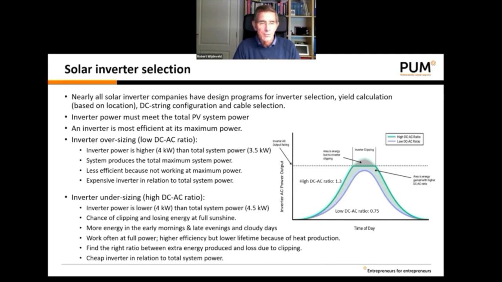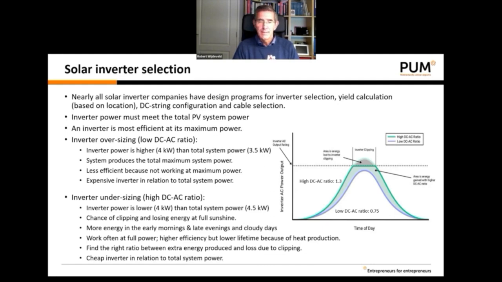You can also have an inverter undersizing, so a high DC to AC ratio, which is shown by the green line. Let's assume we have, again, the 4 kilowatt inverter power, and the solar system power is now 4.5 kilowatt.